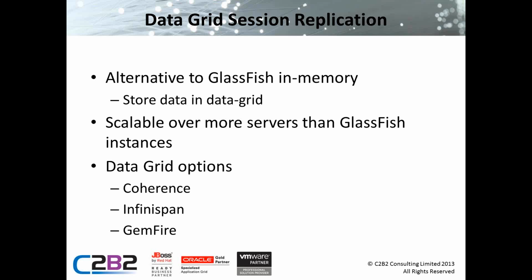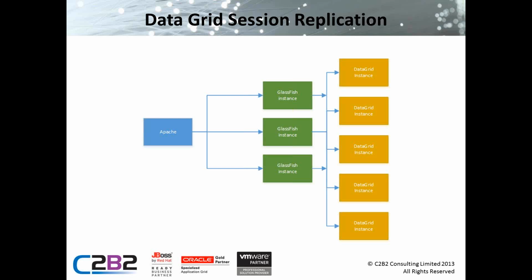So there is an alternative that I want to discuss, that is a data grid. Using a data grid for session replication can be a lot more scalable. Let me show you a picture. What you can do with a data grid is you have multiple servers, multiple instances, and the data will be stored in those instances and not in the memory of the GlassFish.